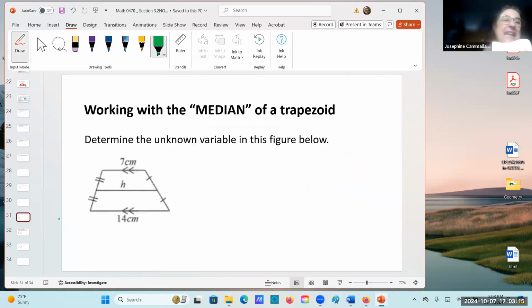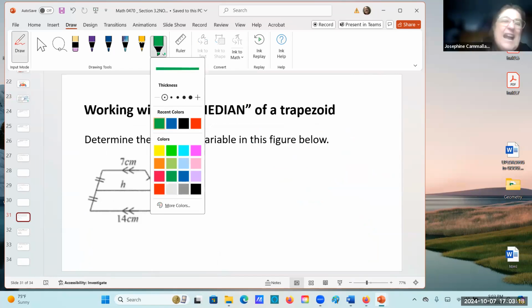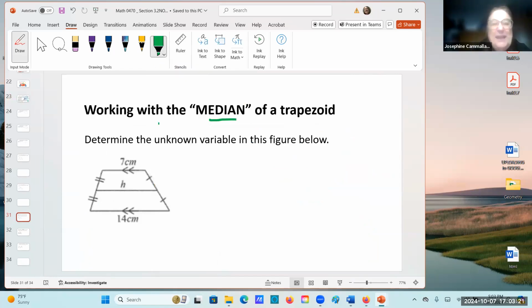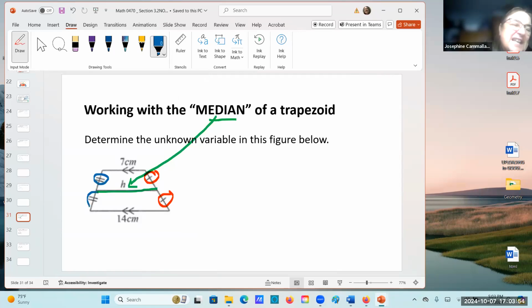Now, the median of a trapezoid. Now, this is where you have to be careful. The median is the H. It is this line. Now, I'd like you to also look at the markings on the right side. Look at the markings on the left side.